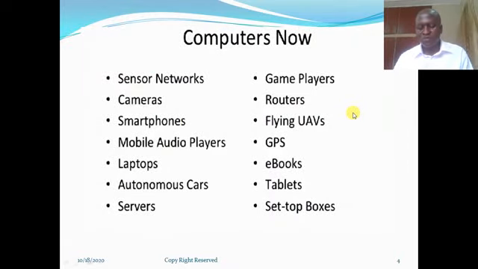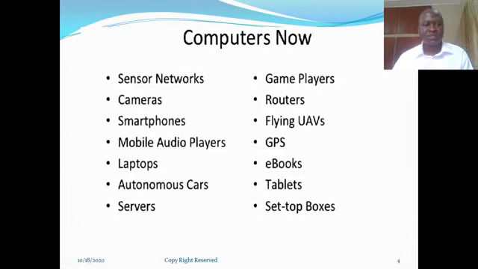Now, the previous chart was just trying to let the student appreciate how computers looked then. But now, as a result of advances in microelectronics and chip design, you can see that in our present dispensation, computers now appear in different forms.